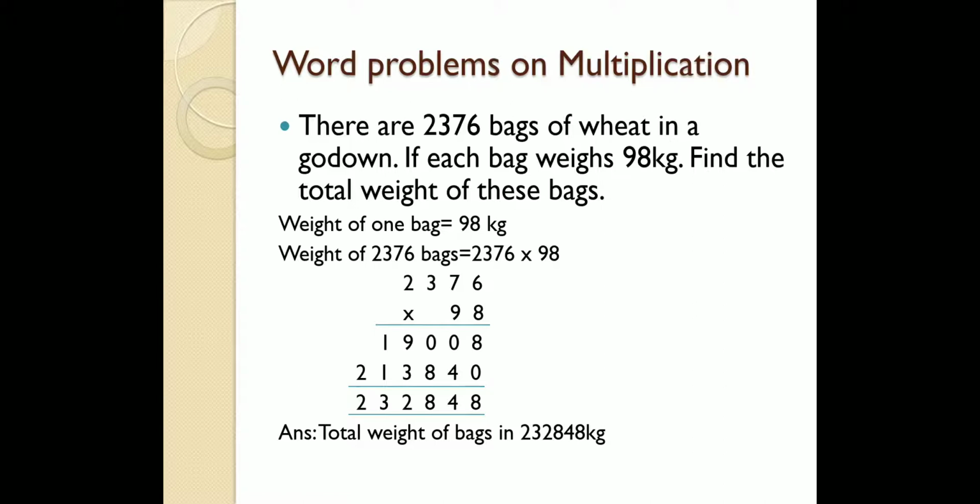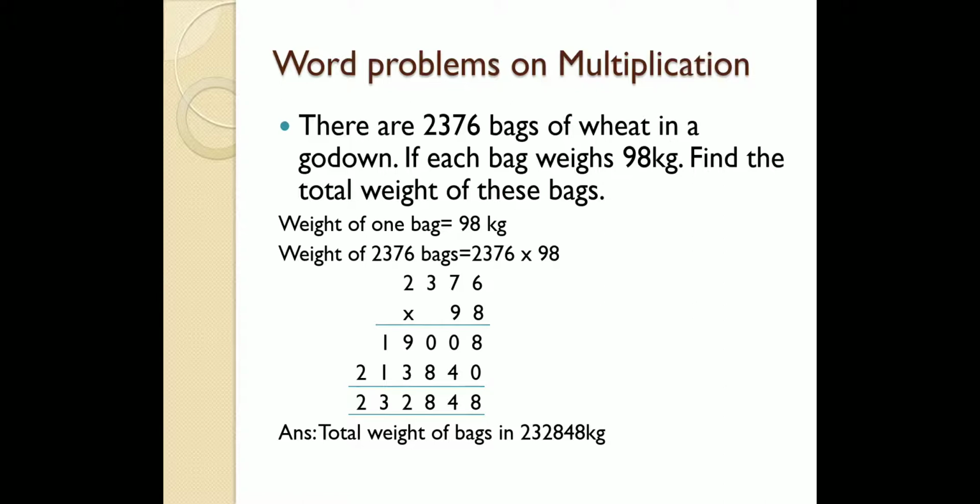See children, keep one thing in mind. If the weight or amount of one thing is given and you have to find the weight or amount of many, you will always multiply. So here the weight of one bag is given. You have to find the weight of 2376 bags.